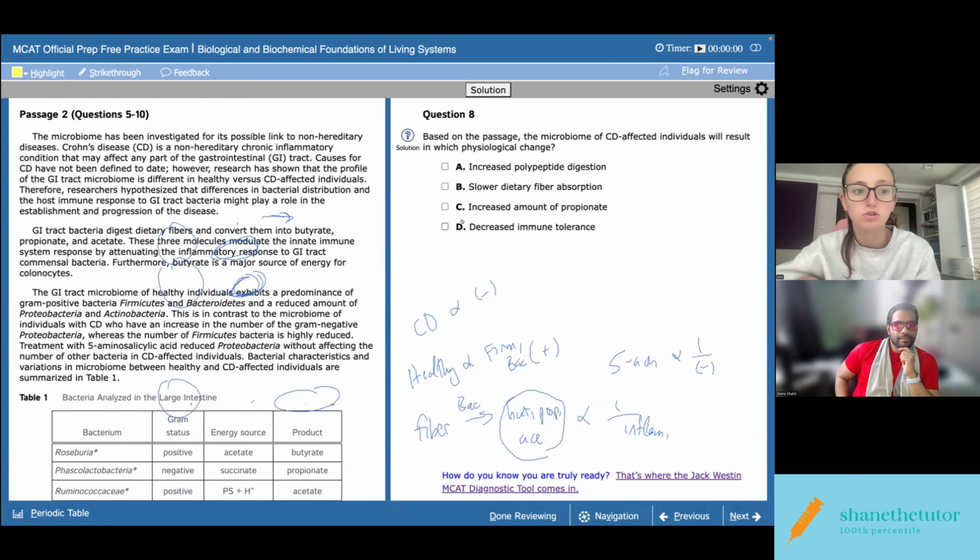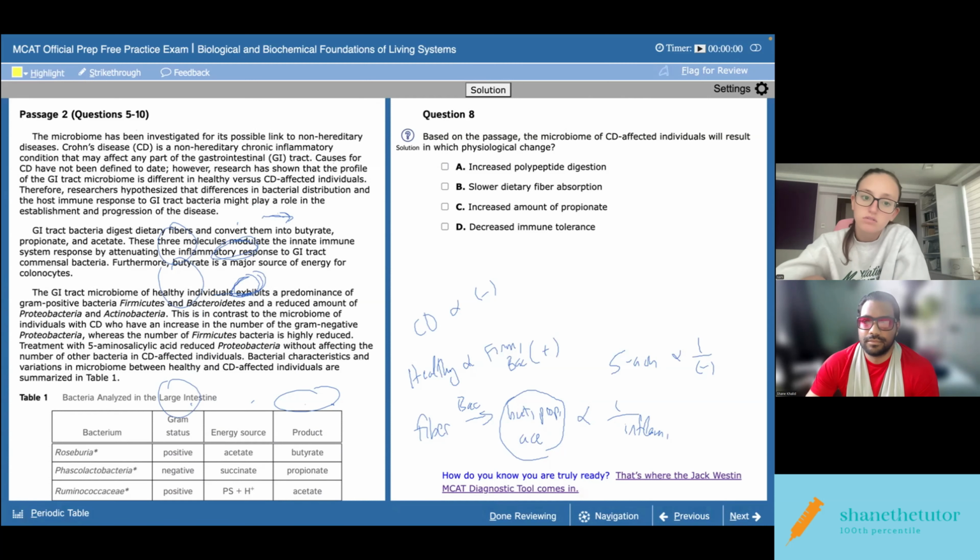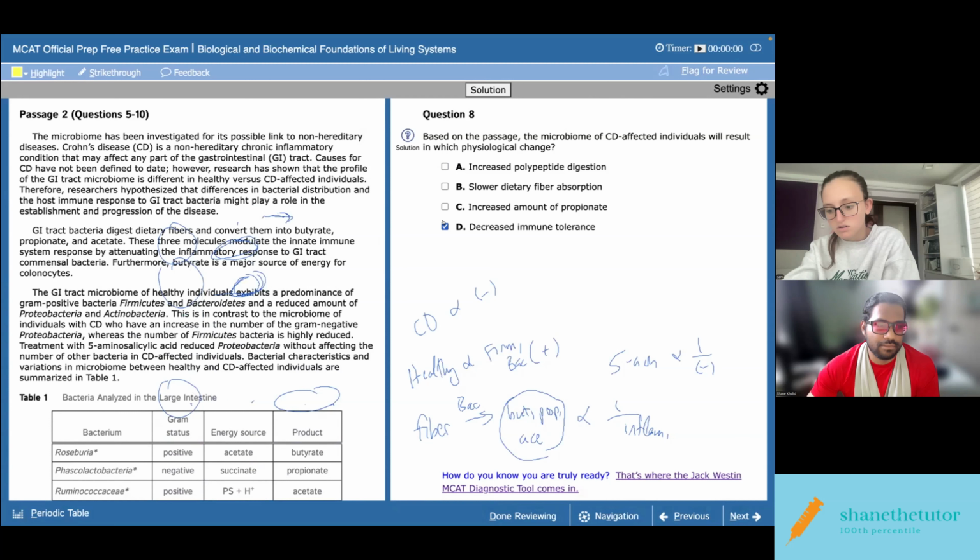So decreased immune tolerance actually does. So CD affected individuals. Oh, it doesn't. Wait. Okay, potentially. So D? Yeah, right. Because the main difference between CD and people without CD is that people with CD have that autoimmune kind of reaction. But yeah, you're gonna get D.